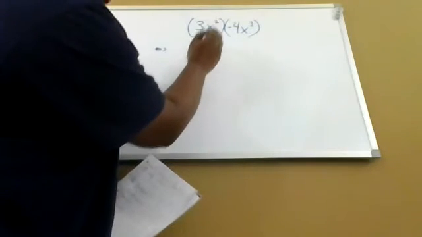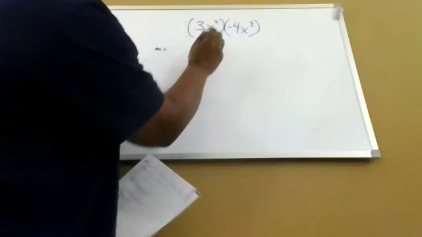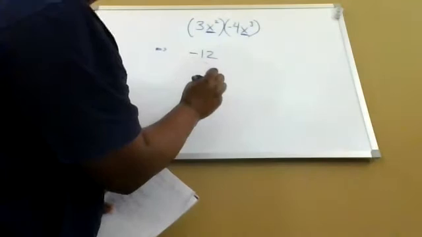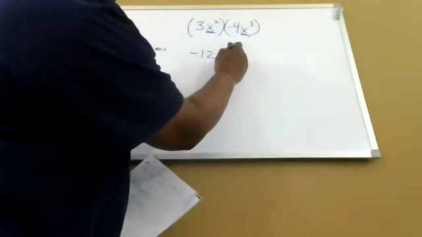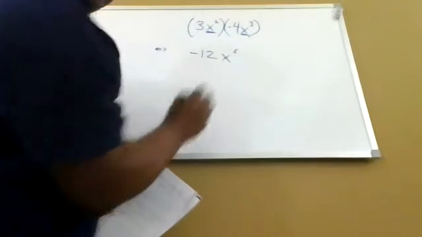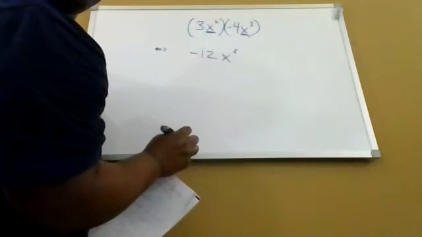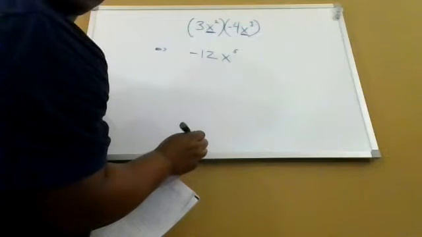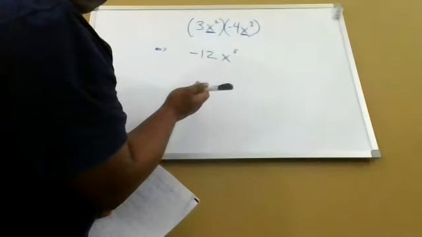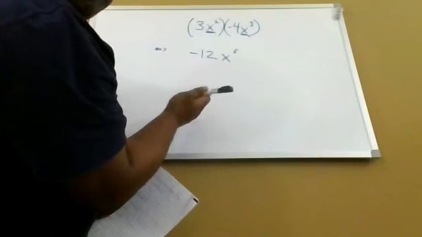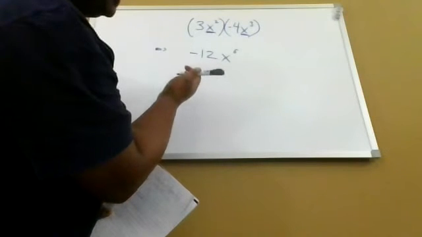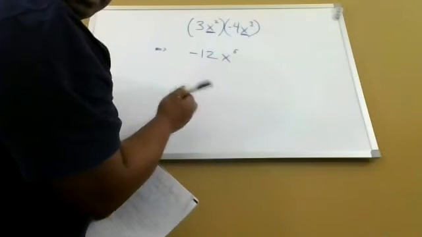And now the x squared times the x cubed is going to give me x to the fifth, because when I multiply two variables together that are the same, we just add the exponents. And so my final answer is negative 12x to the fifth.